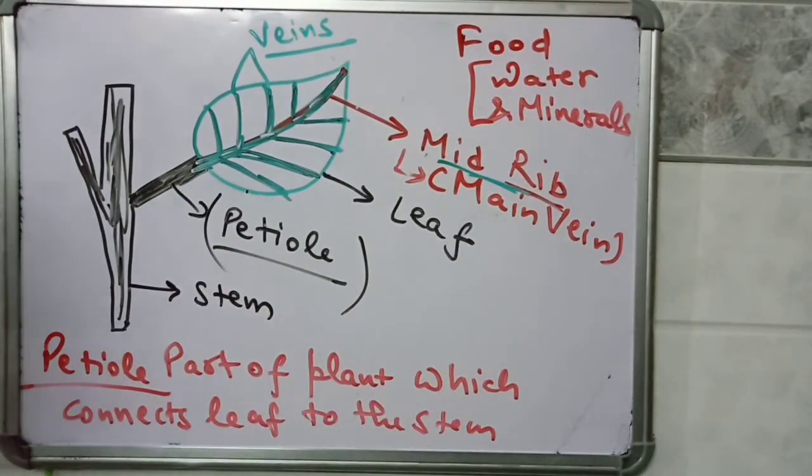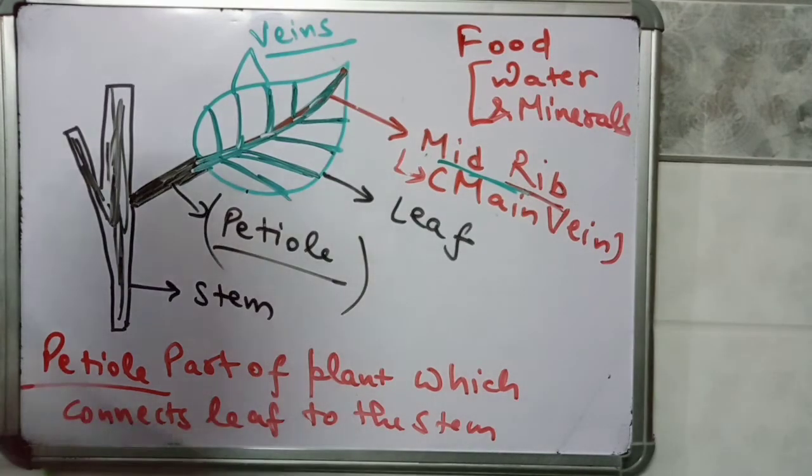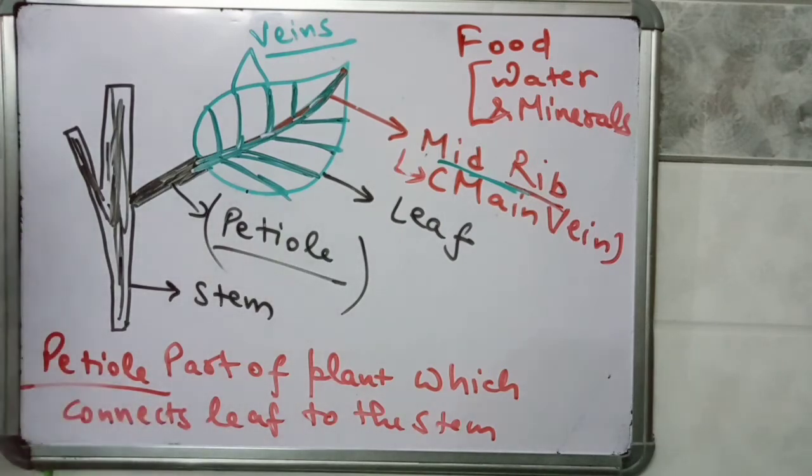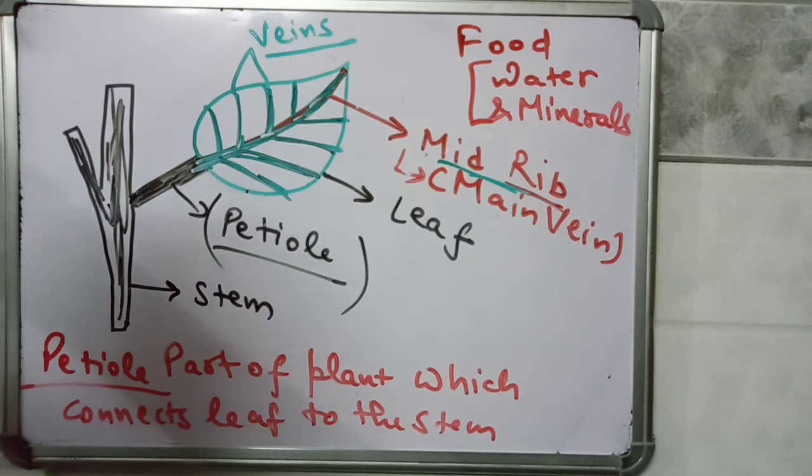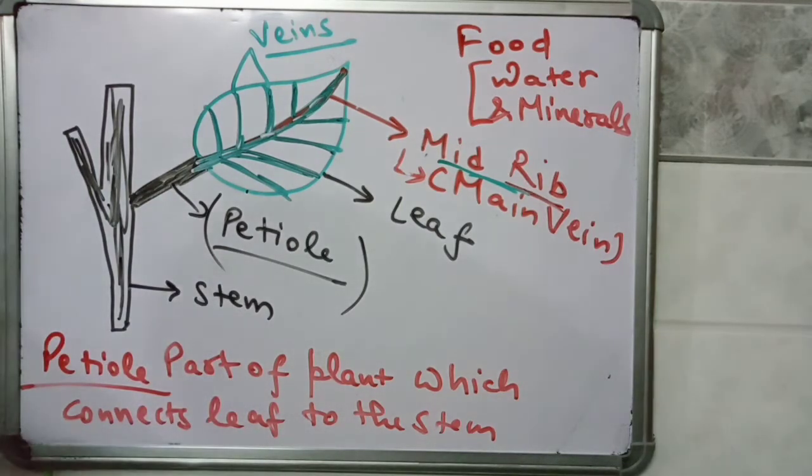So what I have told you so far, we have discussed about the leaf in this video. A leaf is a part of a plant which is broad, thin and mostly green in color.